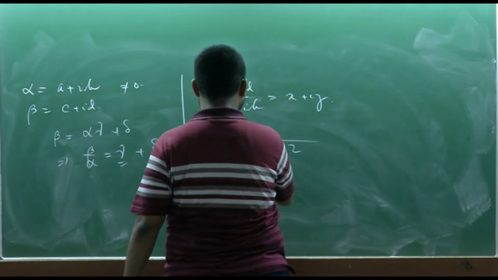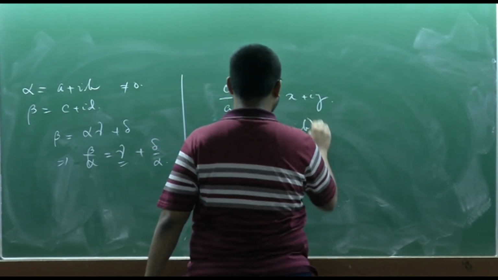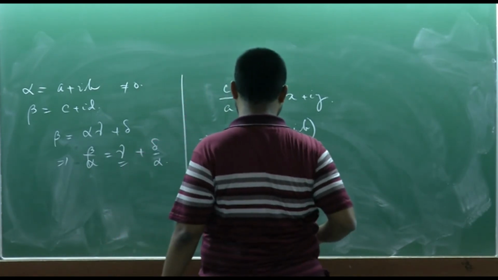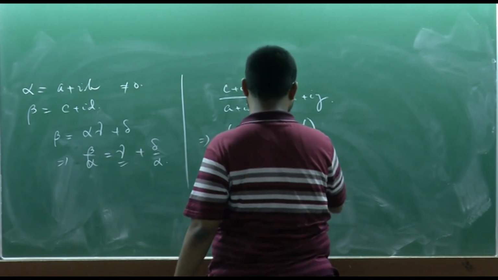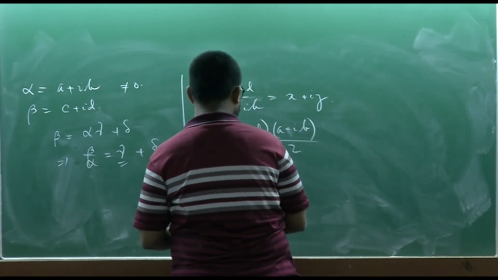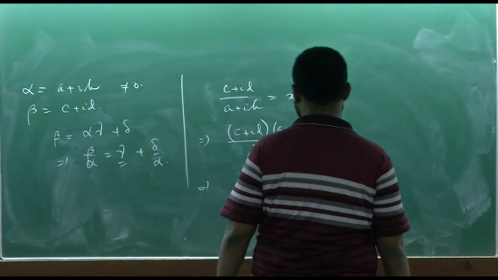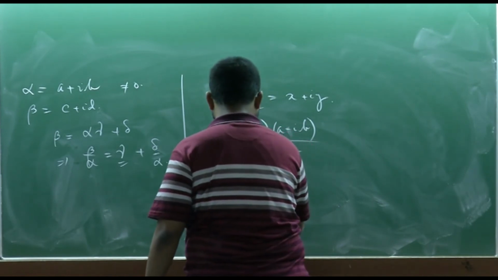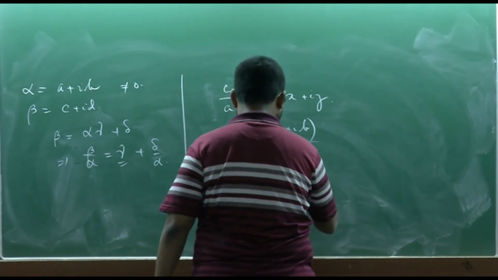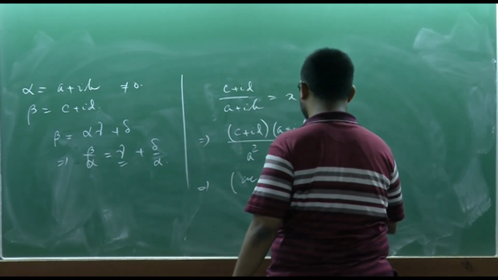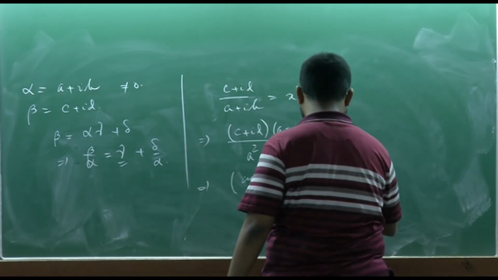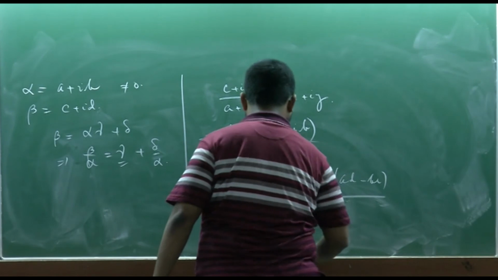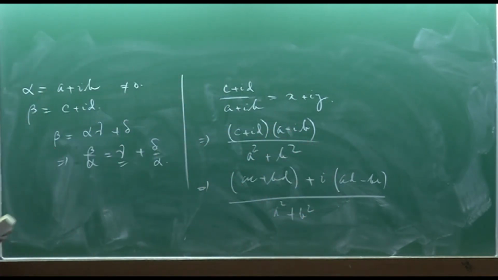So, c plus i d times a minus i b, therefore a c plus b d, plus we must have a d minus b c, over a square plus b square. Okay. So, therefore, we know what is going to be x and what is going to be y.